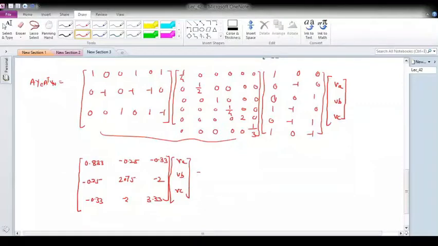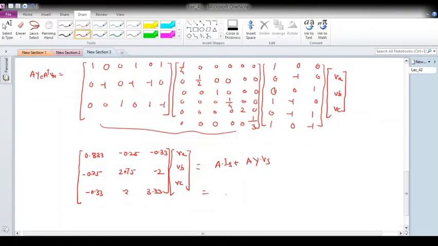You can write a simple program and get the results directly from the computer. Okay, and now let us compute A IS plus A Y VS. So now A is the same again, which is this A.